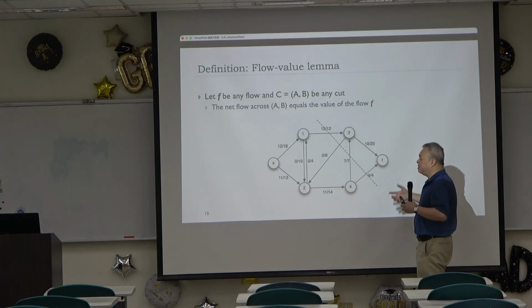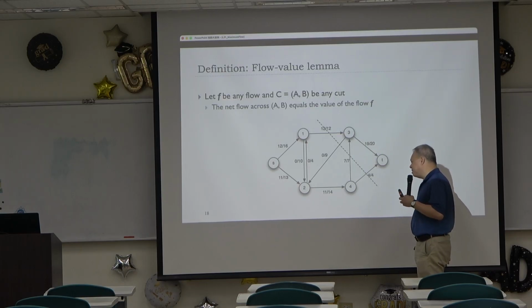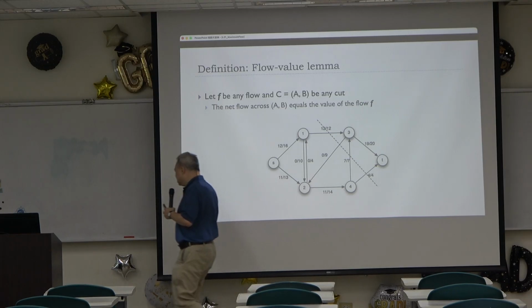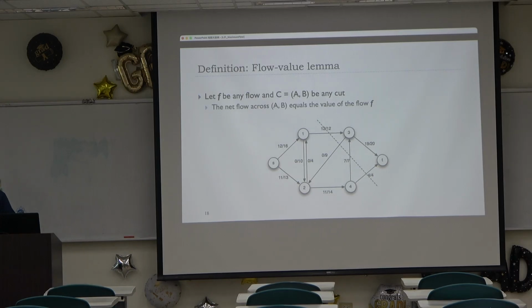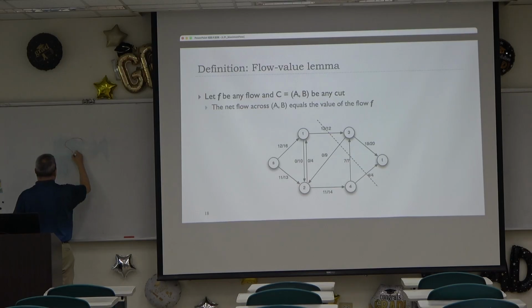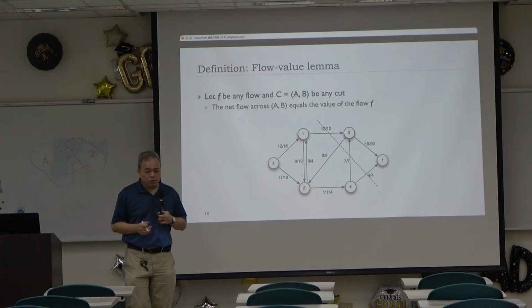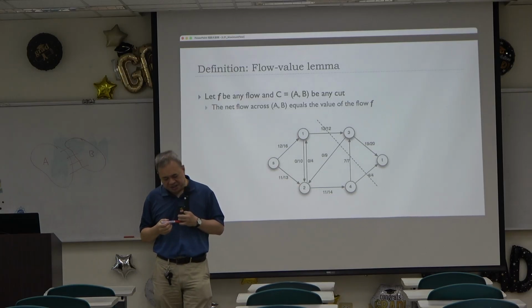It's only one node, so we could increase the nodes in set B. Say this is A, this is B. Say the links between A and B, the capacity, the total flow, equal the flow received at the sink.